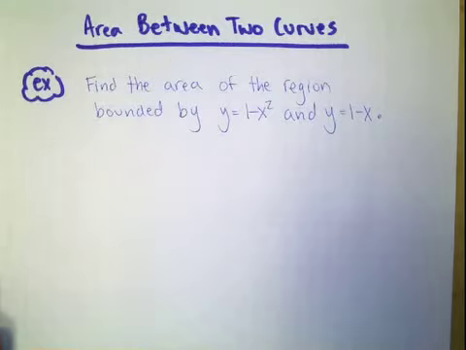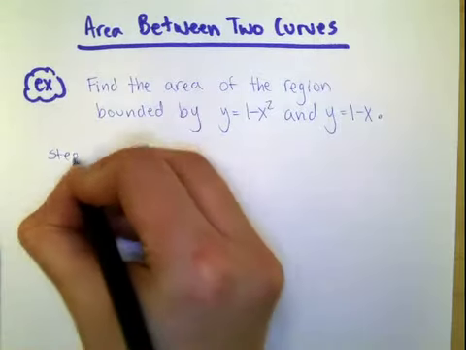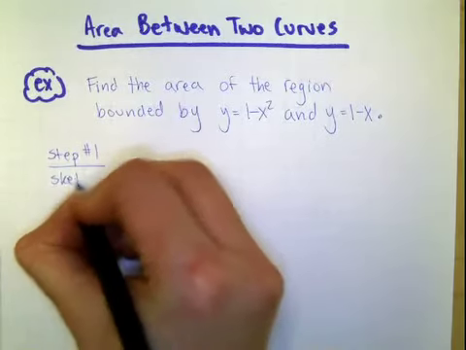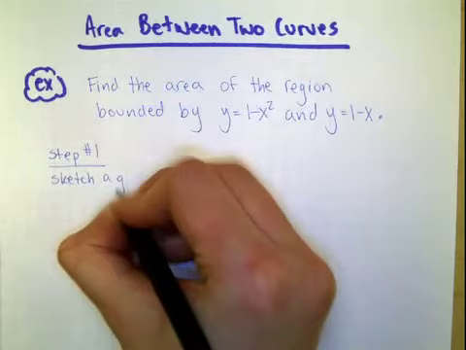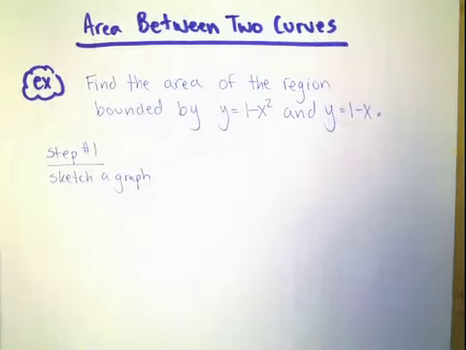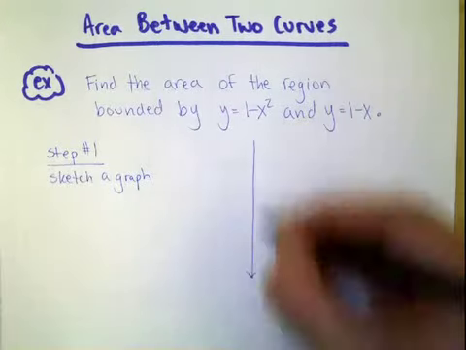So what I'm going to do is go through my steps, and step one is sketch a picture. So step number one, sketch a graph. If I'm going to sketch this thing, hopefully I can do it by hand. I don't think I'll need a calculator.